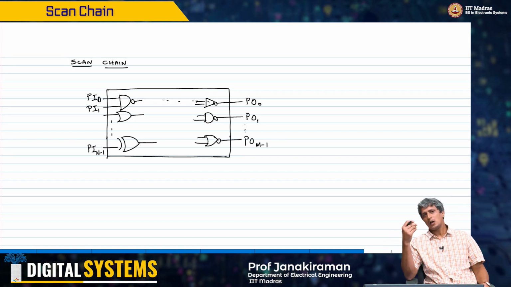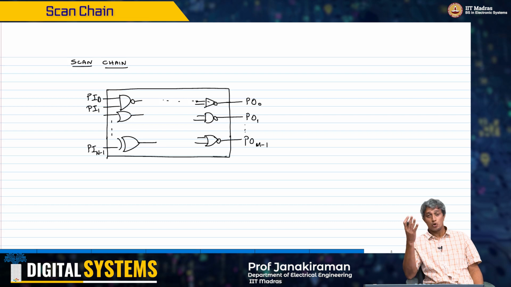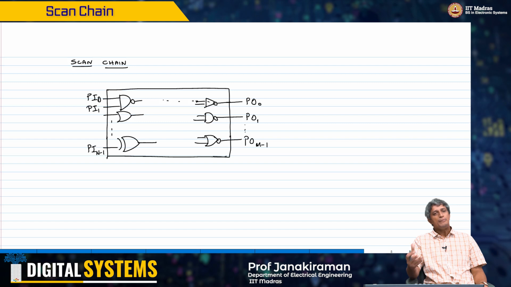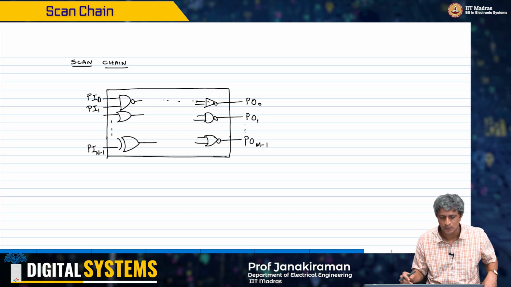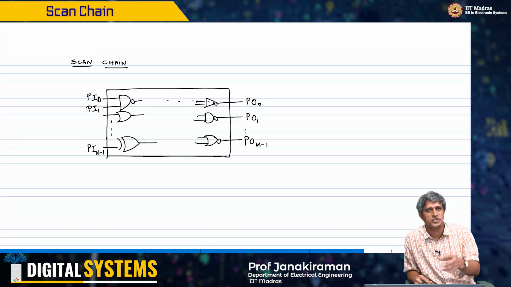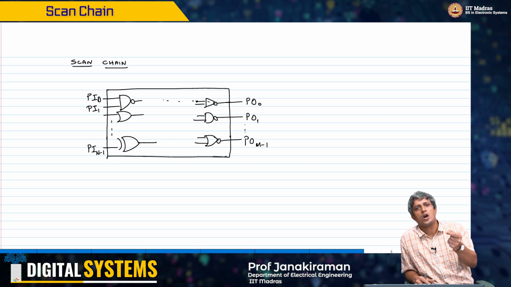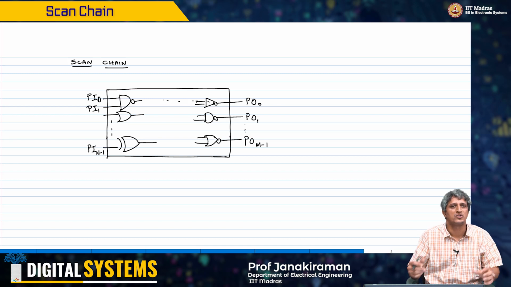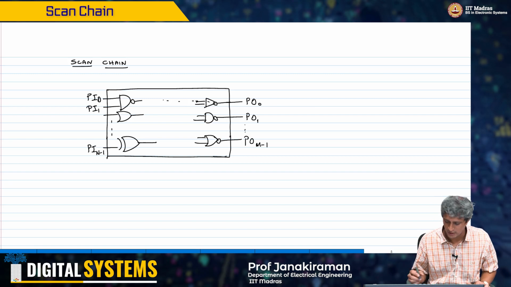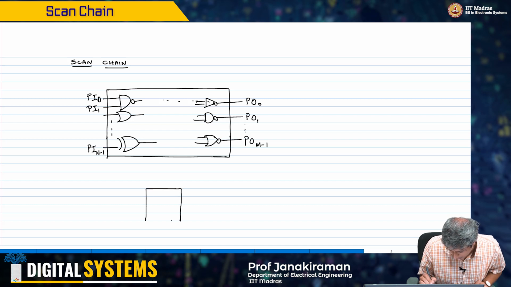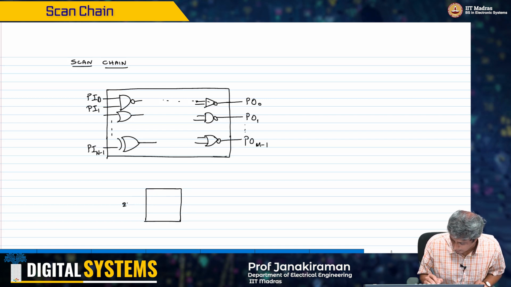If you look at the complexity of circuits today, I showed you this in the beginning of the course with respect to a microprocessor. This can have a million gates. Now, when you design a chip like this, it's quite obvious that you cannot have access to all those million nodes. If you remember, I told you that the microprocessor was some 25 mm by 25 mm.